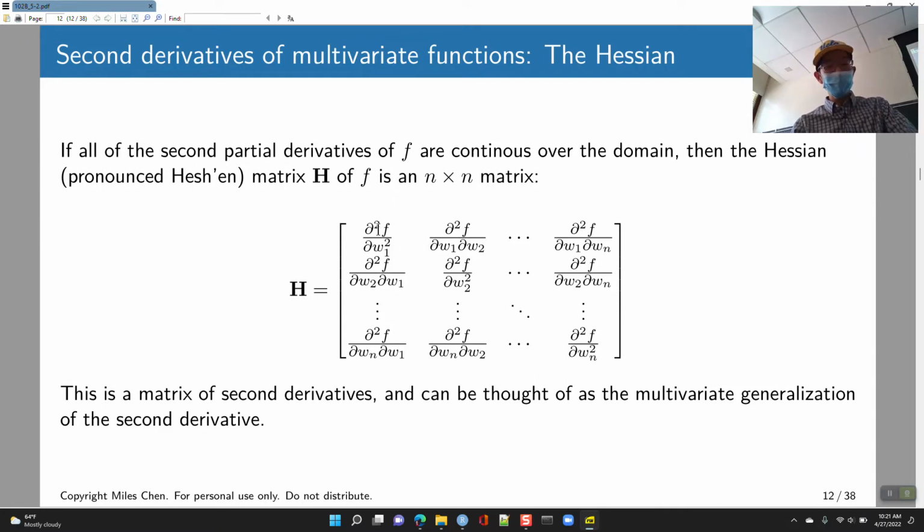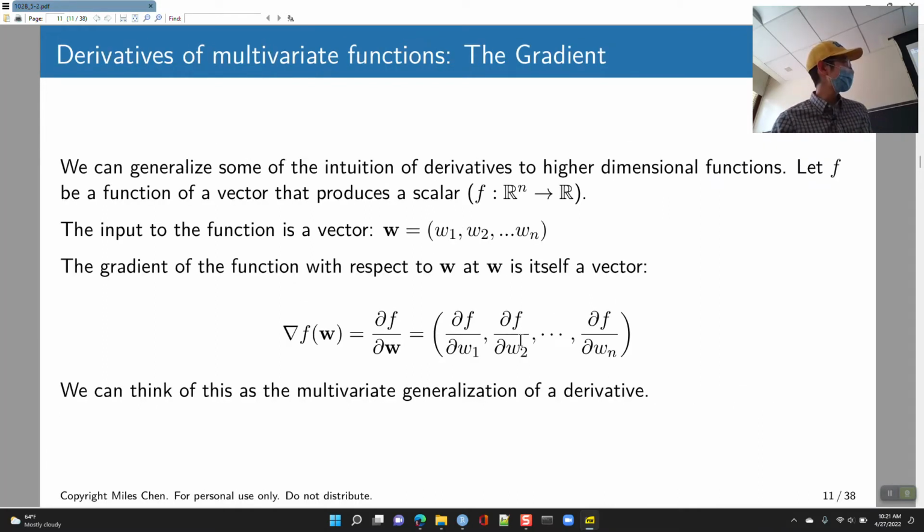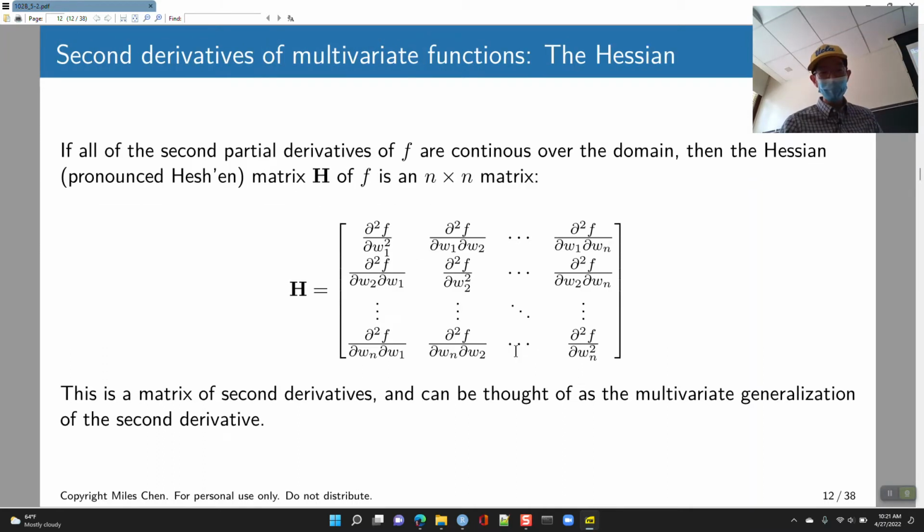It will be the second order partial derivative of f with respect to w1, and then you take the partial of f with respect to w2 and take the derivative of that with respect to w1, and so on, and you continue to do this.